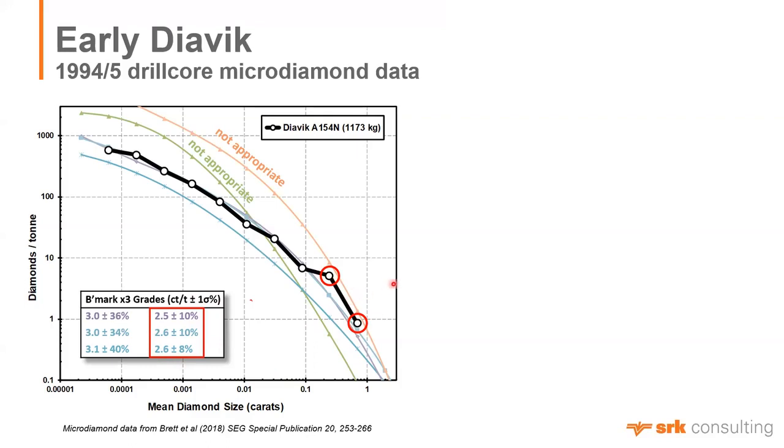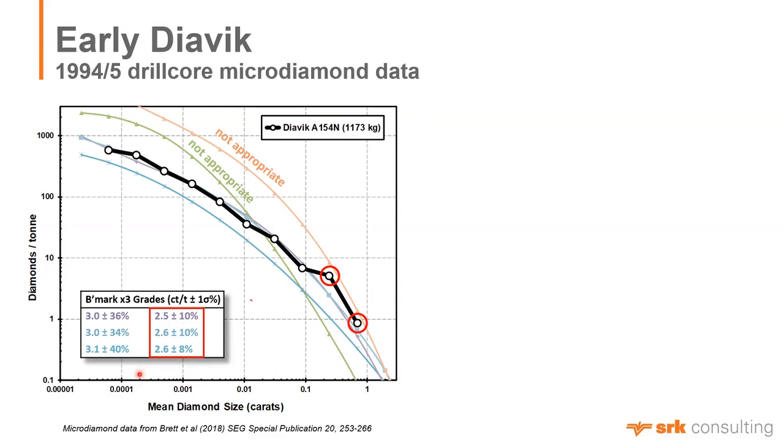These things are sitting on the high side of this curve, but a very consistent prediction. And it turns out that was very close to the mine grade early on in the Diavik A154 North system. So in terms of using the benchmarking approach to forecast the recovered grades, it seems a reasonable approach to take.